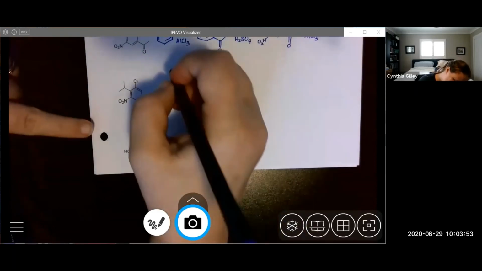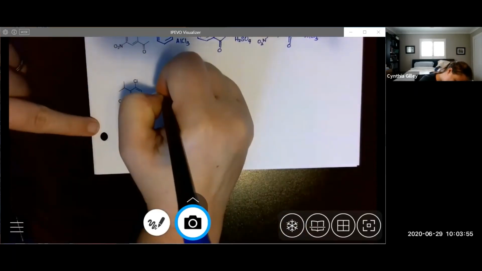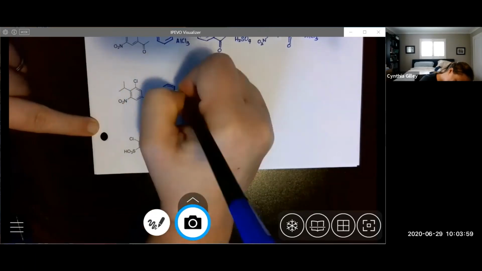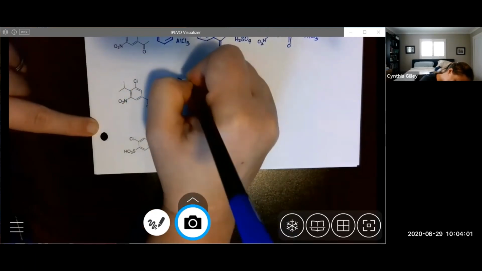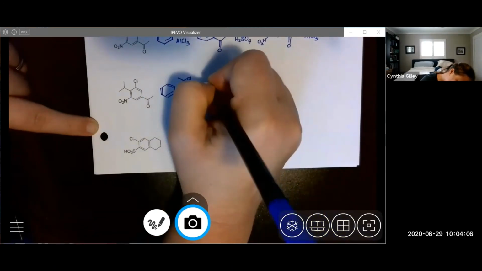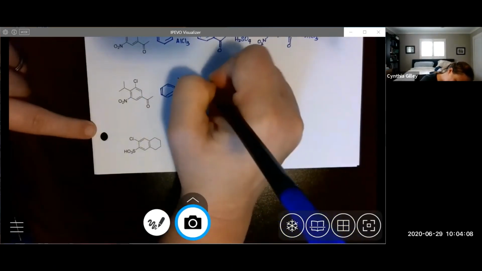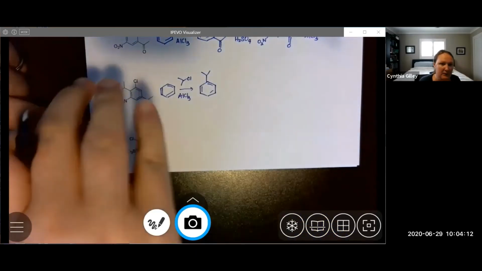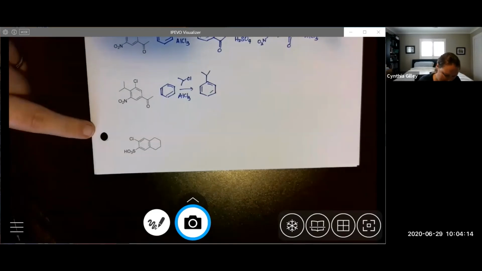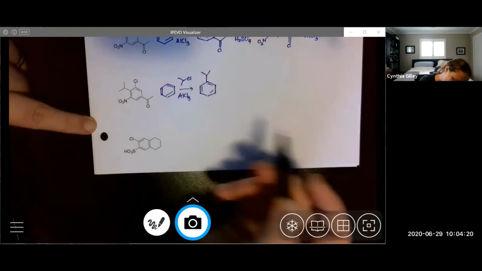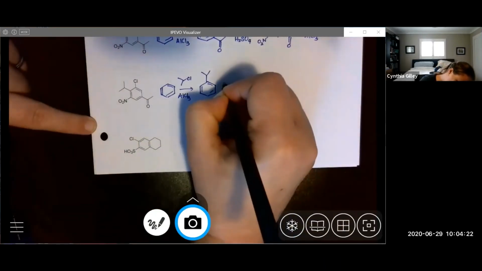So if we wanted to do that, we could start by introducing the isopropyl group. Friedel-Crafts alkylation. I'm going to put it here. Everything's just going to rotate. And then after that, this is definitely going to direct para. I'm going to introduce the acyl group.